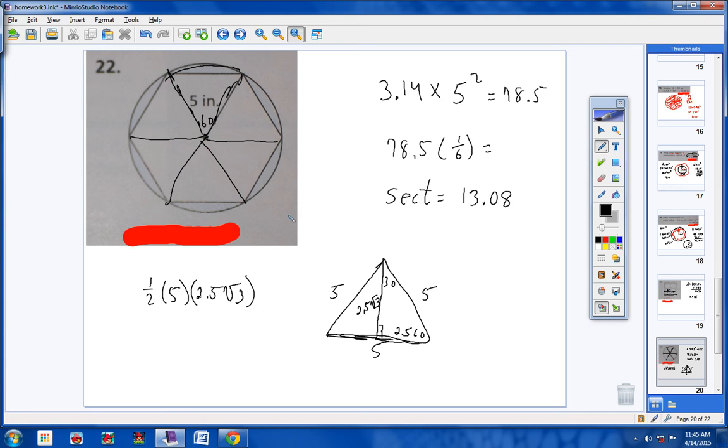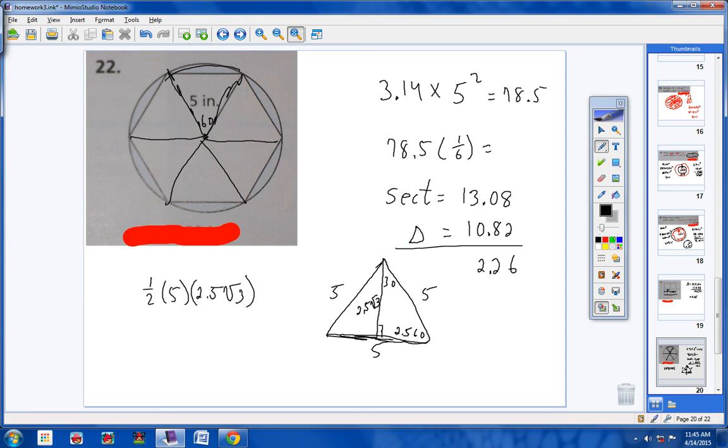Alright, so here we go. 5 times 2.5 square root of 3 times 1/2. I'm getting 10.82. I hope that's correct. 10.82. That's the area of the triangle. So subtract those 2, and you will get 2.26.